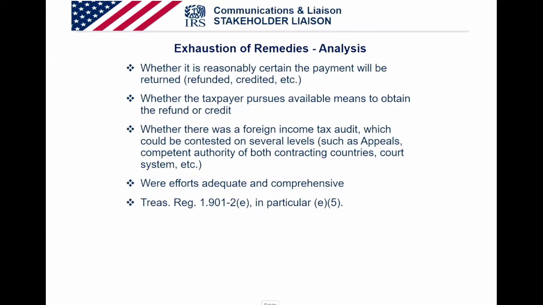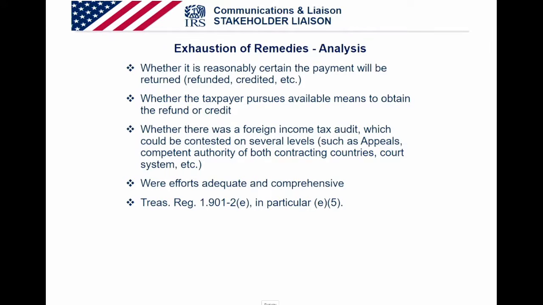Now, when determining whether the taxpayer has exhausted all administrative remedies, several factors should be considered. The burden of proof is on the taxpayer to show that all effective and practical remedies have been exhausted to contest the foreign tax liability, using, of course, a reasonable business approach, weighing costs and benefits in settling the foreign income tax issue.